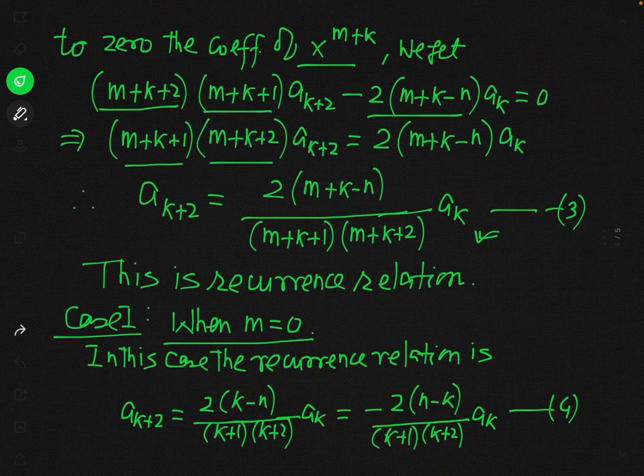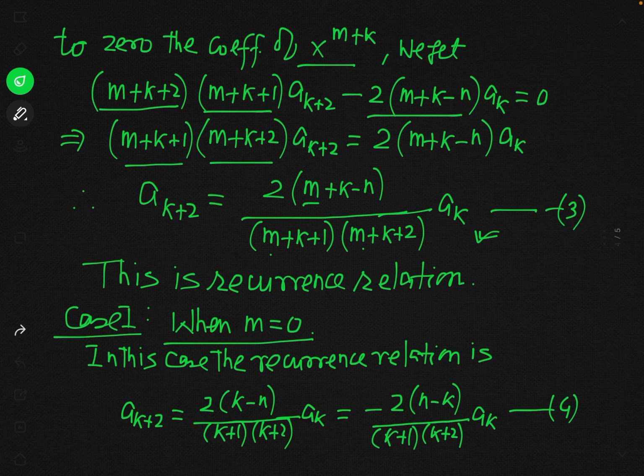So you can see this will be a k plus 2 equal to 2 times m plus k minus n. But now we will take this m equal to 0. So this will be 2 times k minus n. And over again we will take this m and this m equal to 0. So in the denominator there will be k plus 1 times k plus 2 into a k.